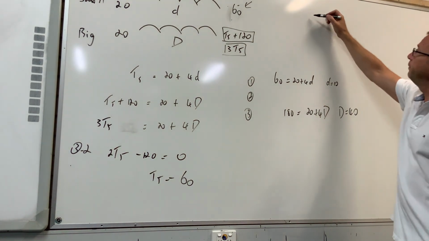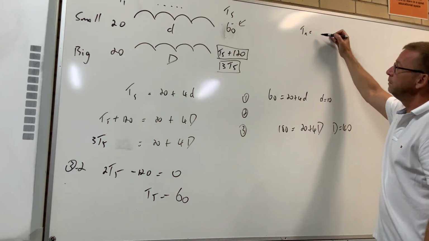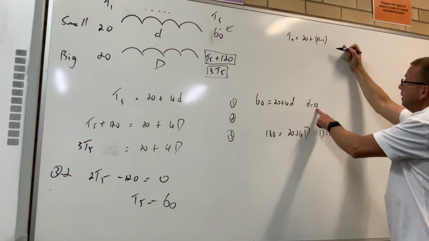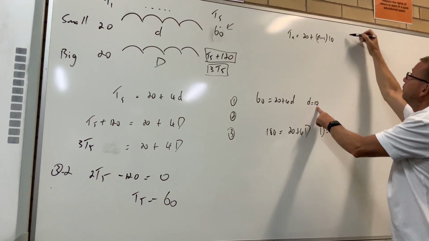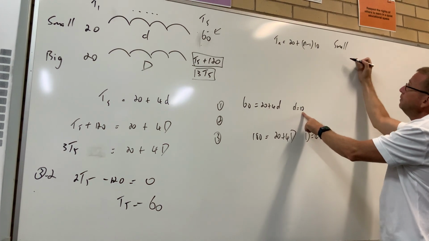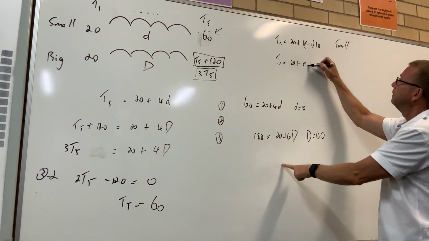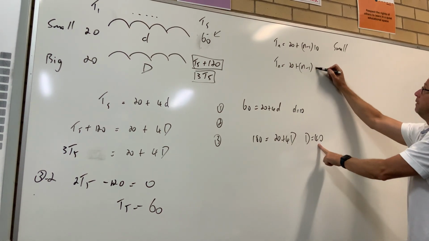So all of a sudden we've got a term n equals 20 plus n minus 1 times 10. That's your small. And the big one, term n equals 20 plus n minus 1 times 40.